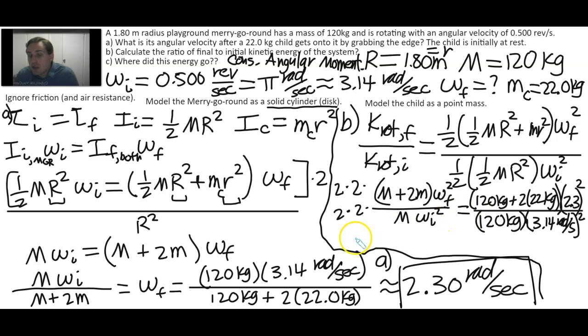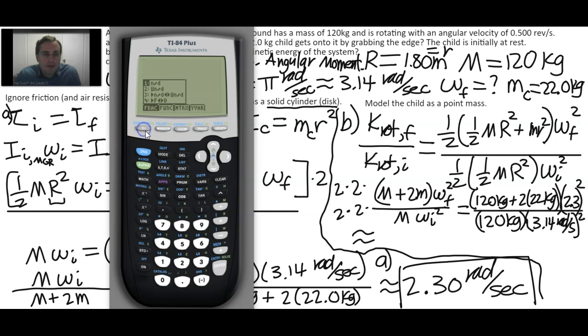This is going to be dimensionless, because it's just going to be joules divided by joules. So let's do alpha and a fraction stack. And this is going to be, let's see, 120 plus 2 times 22. So let's do parentheses. 120 plus 2 times 22, close off that parenthesis, times 2.3, that's radians per second, and then we square it, and we divide by 120 times 3.14 squared.